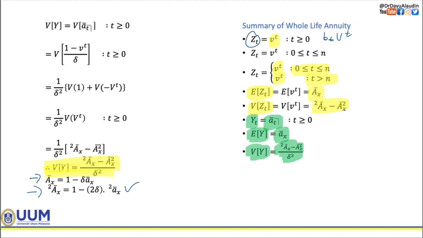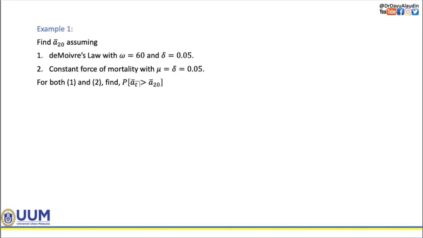Now we can look at example 1. Find the continuous annuity at age 20, assuming first de Moivre's law with omega equal to 60 and delta equal to 0.05. For the second one, we have to use constant force of mortality with mu equal to delta equal to 0.05.